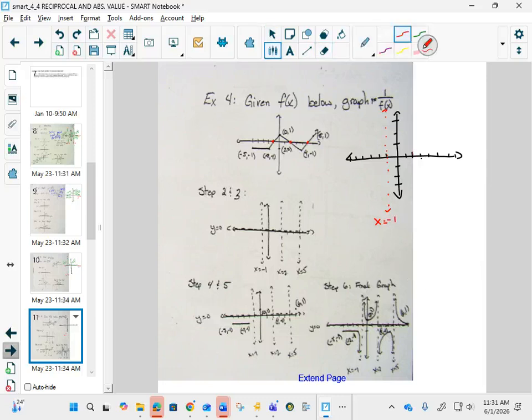I was already looking at this one. This one's at 2. And then 3, 4, 5. Here we go. X equals 5.